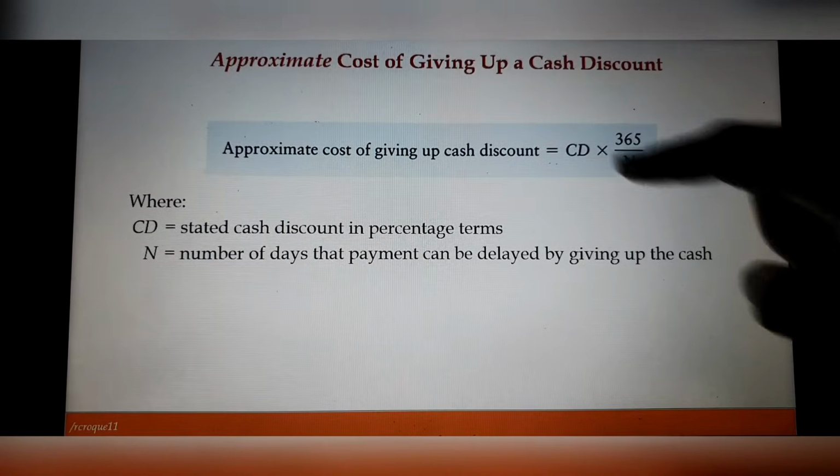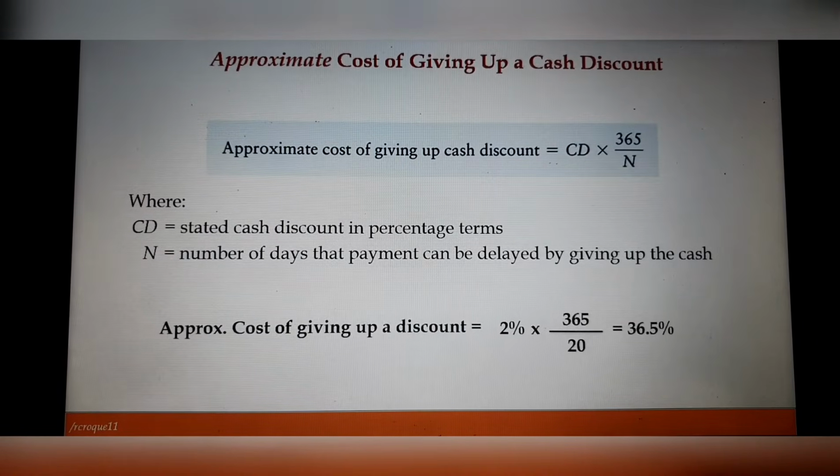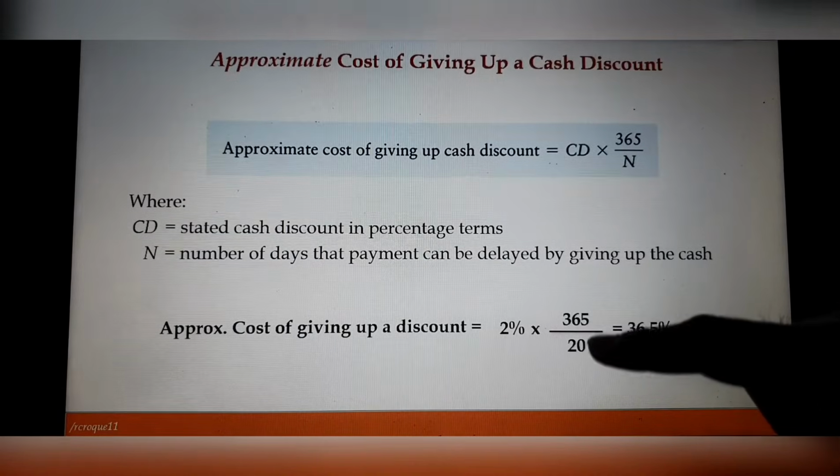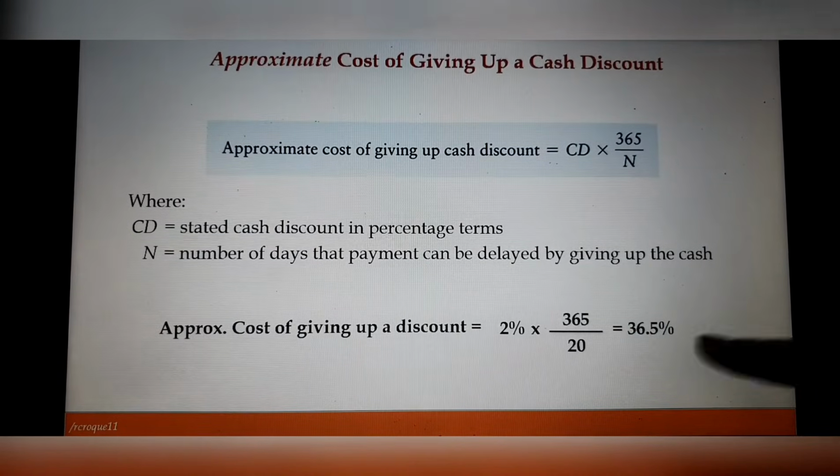So, it's simpler: 2% times 365 over 20. So, 36.5%. It is a bit lower as compared to the cost of giving up the cash discount. Okay, so that is the approximate cost of giving up a cash discount.